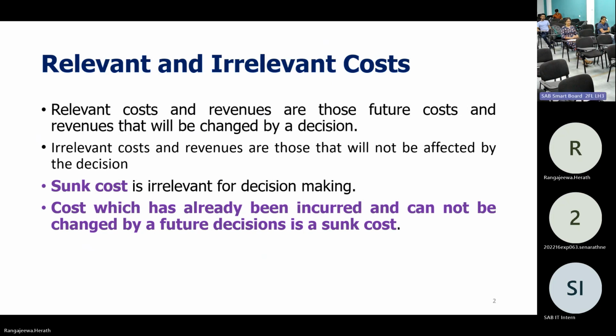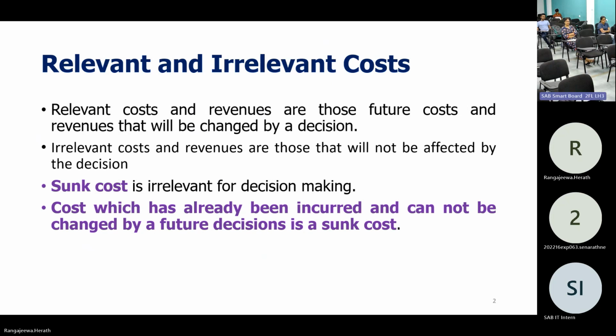We have purchased raw material by spending 200 rupees per unit. Now we have 10,000 units in our stores. Now when you are going to take a future decision regarding this material, the 200 per unit cost incurred is irrelevant. So that is already incurred.